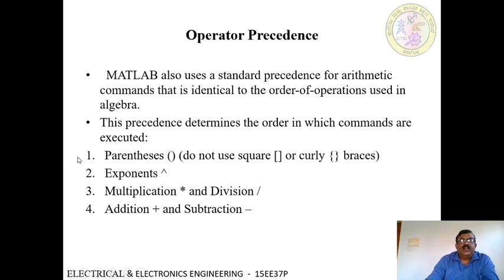And the third precedence of operators is multiplication and division. Multiplication and division symbols have the same precedence, and if the arithmetic command has a series of multiplication and division symbols in the equation, the equation will be evaluated from left to right, even though multiplication and division have the same precedence.